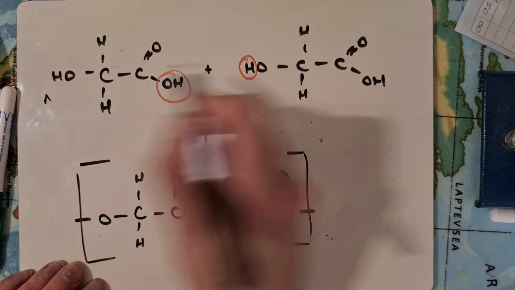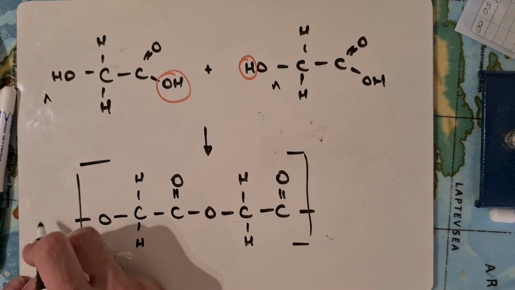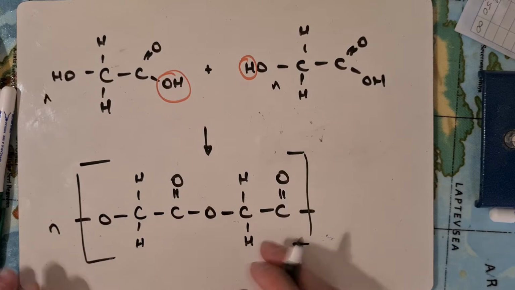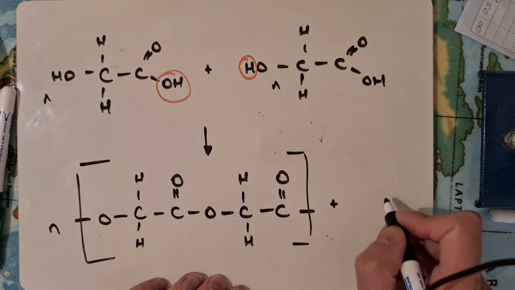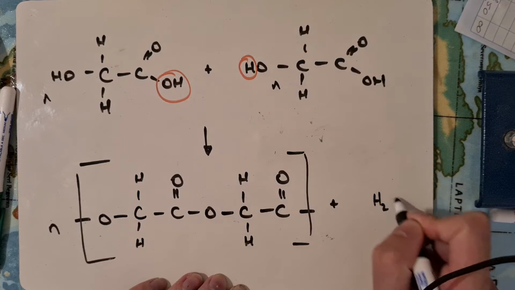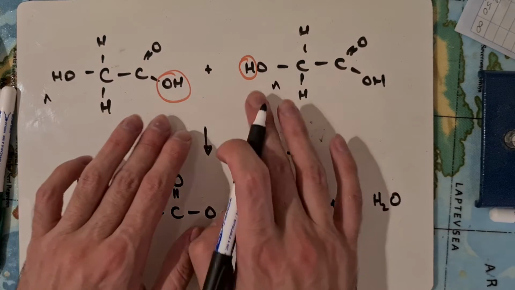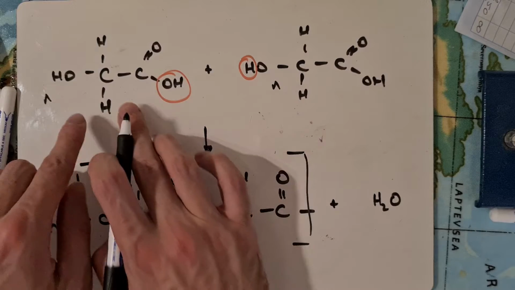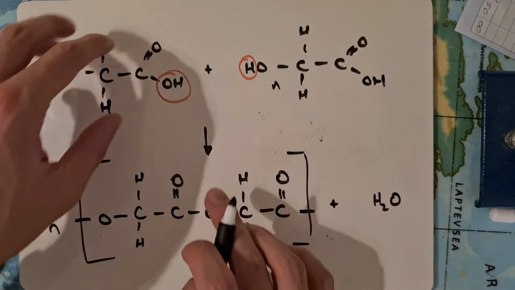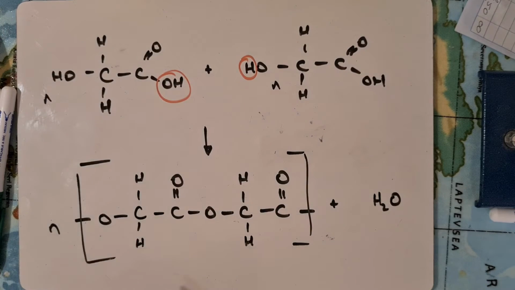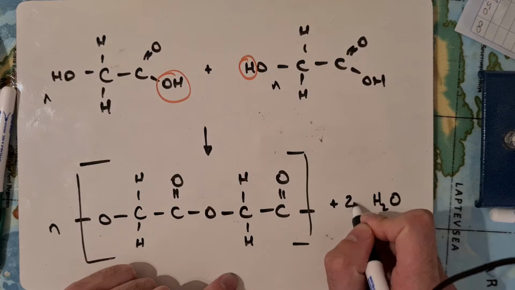So if we have n of them, we're going to get n of these plus we're going to get water given off. And for every molecule we have, for every one of these, we'll get one H2O. So it should be that we get 2n H2O.